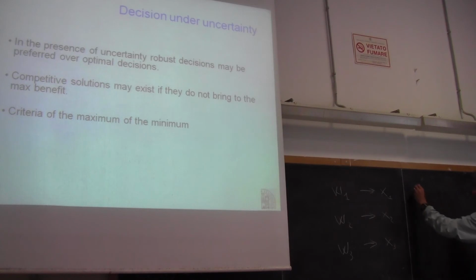Now, for x1, I can compute three benefits. NB x1 W1, but I can also compute NB x1 W2, and then NB x1 W3. Perfect. And then I can take of these the minimum.